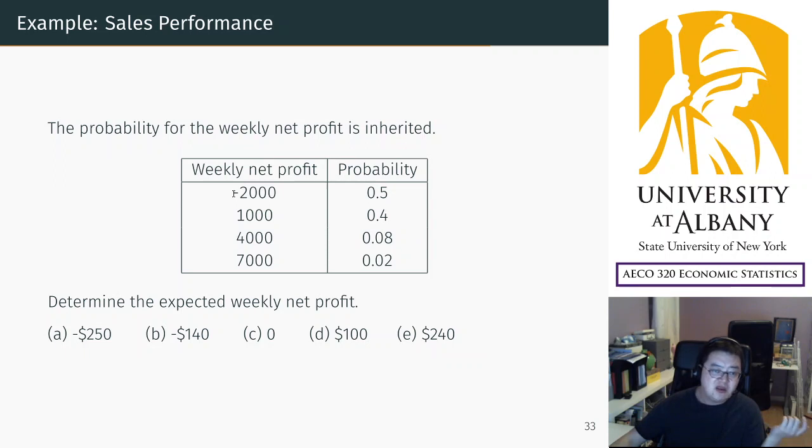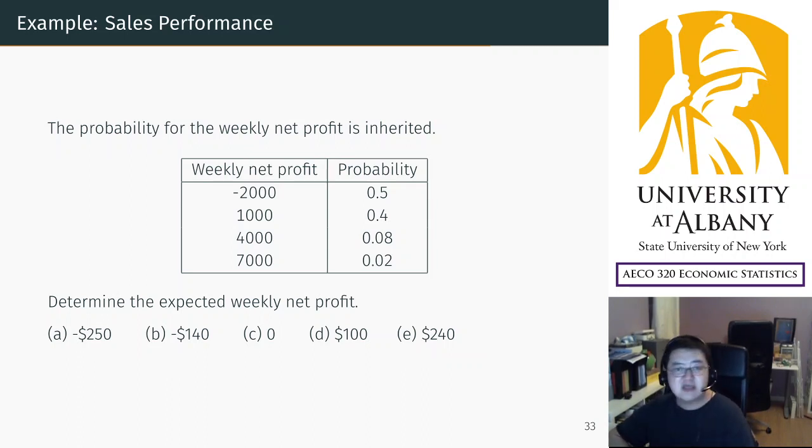So the probability that net profit equals minus 2,000 is the same as the probability of selling 0 cars in that week. So we have probabilities which are the same as the original, because what we are doing is simply renaming, labeling the same event. So there is no reason to change the underlying probability.